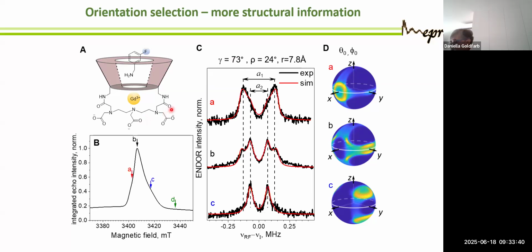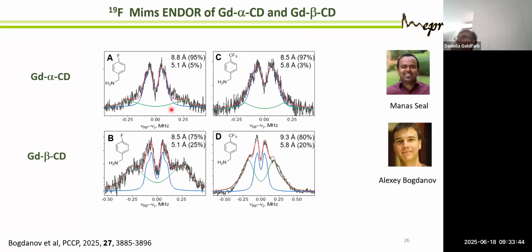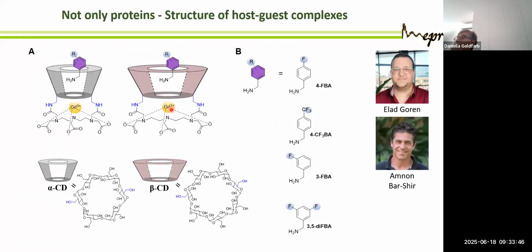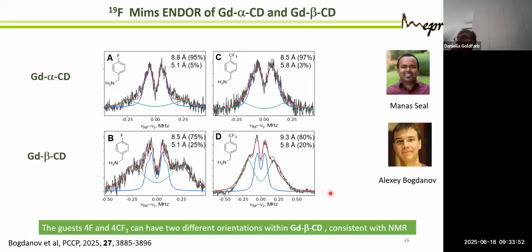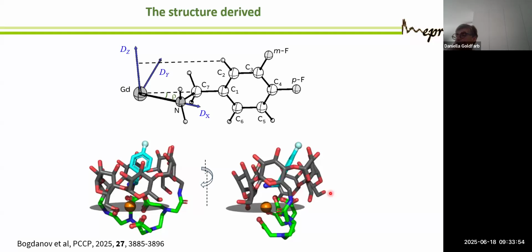And you can do this for all of these. We did it for all these, so you have different fluorines. So this gives you more information, and at the end, you can really get the geometry.